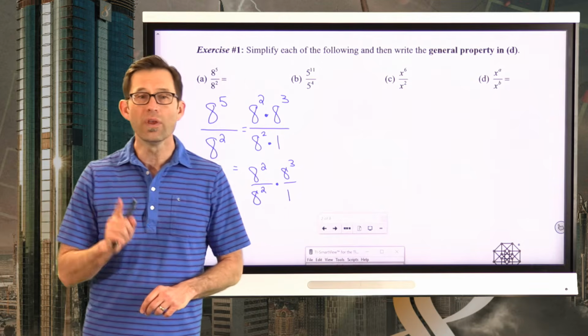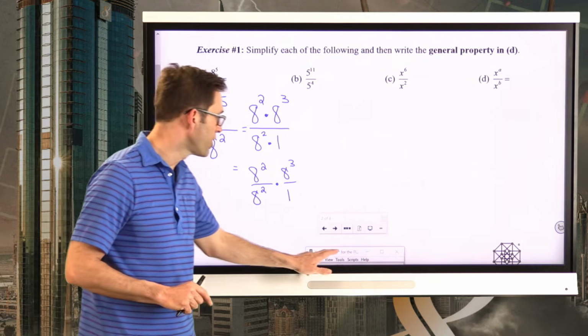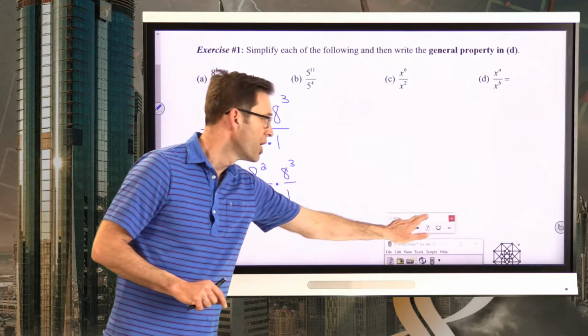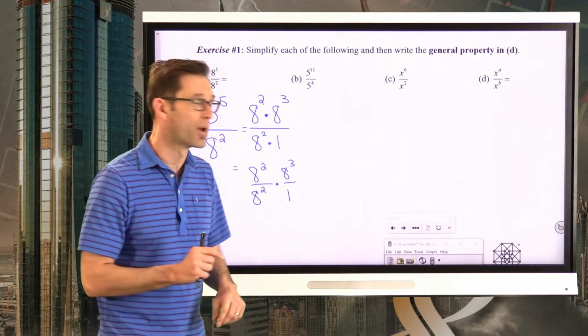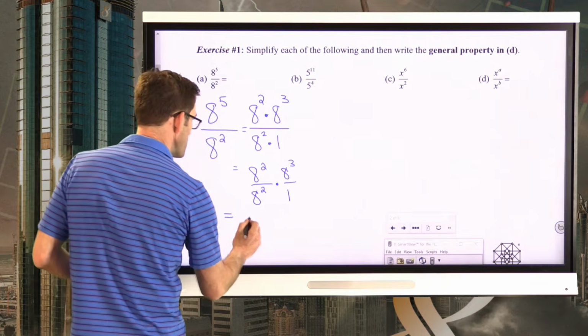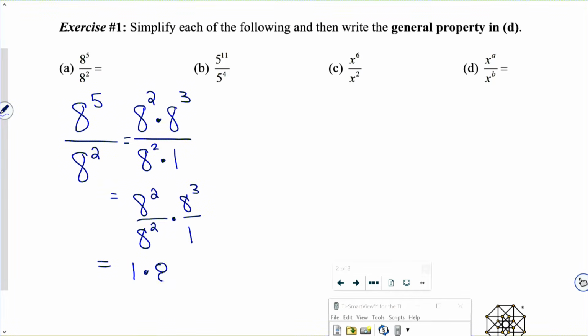But what we reviewed in the last lesson, and what is hopefully painfully obvious to you, is that any time you have a quantity divided by itself that's equal to the number 1, in which case this is 1 times 8 to the 3rd. I don't really have to have this 1 down here, and that's 8 to the 3rd.